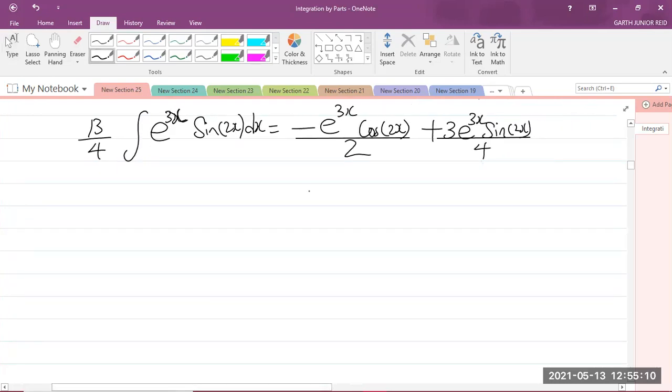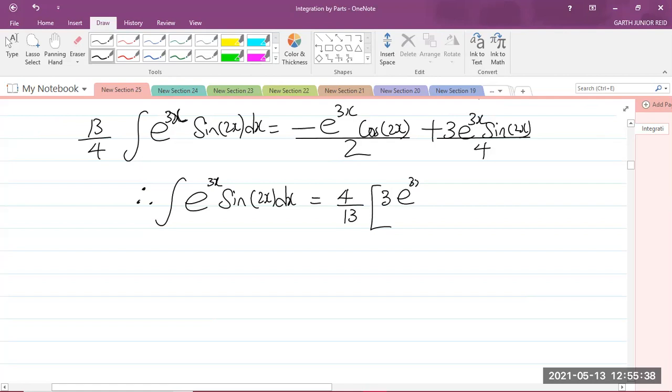And if I do that now, I can say, therefore, the integral of e to the power of 3x times the sine of 2x dx is equal to, when I divide the right-hand side by 13 over 4, I will get 4 over 13 multiplied by, I'm going to put this second term in front since it is positive.